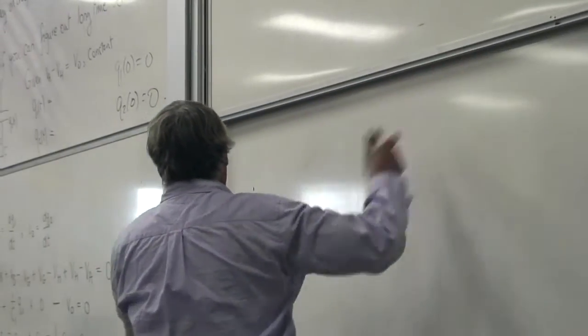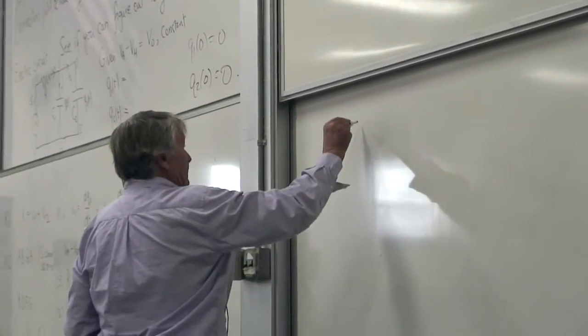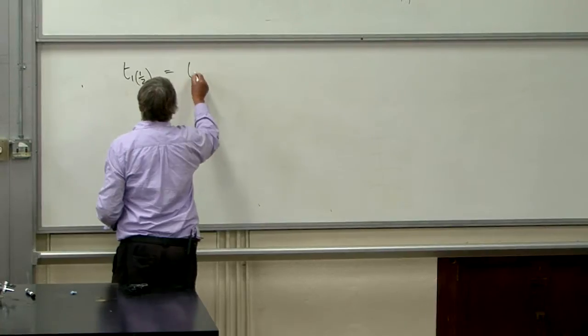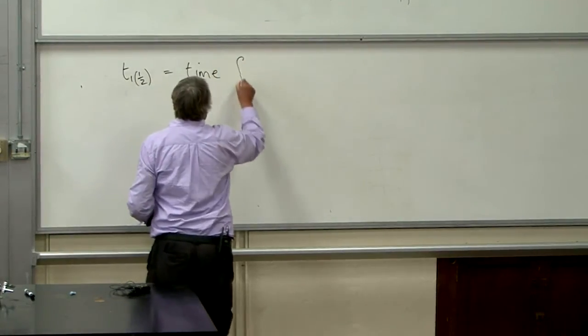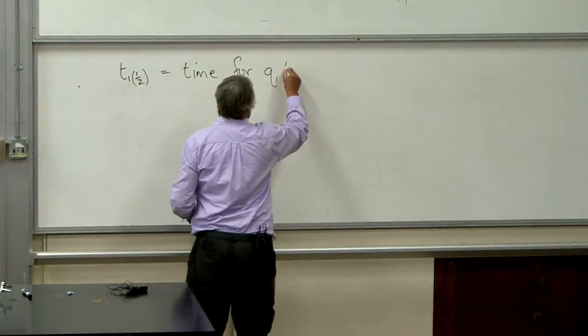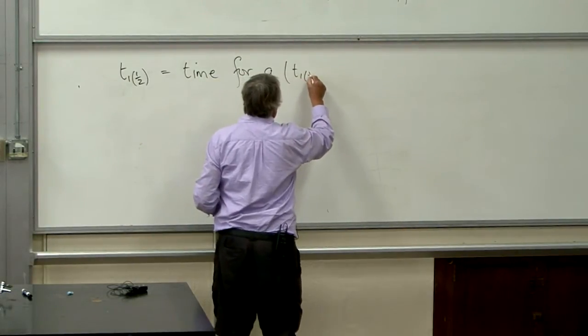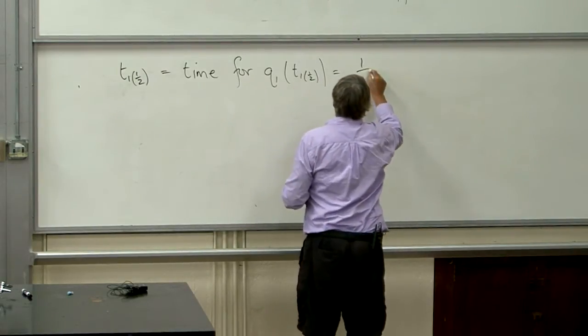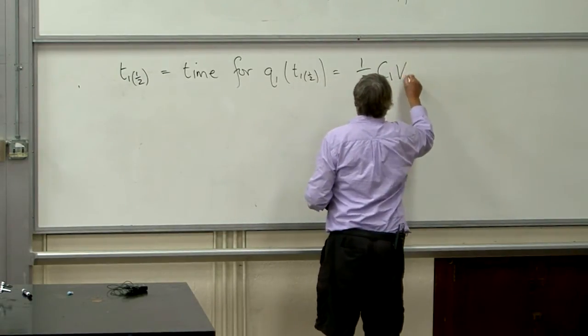Let's call it T1.5, the time for Q1 at T1.5 to be half of its final value. Okay?